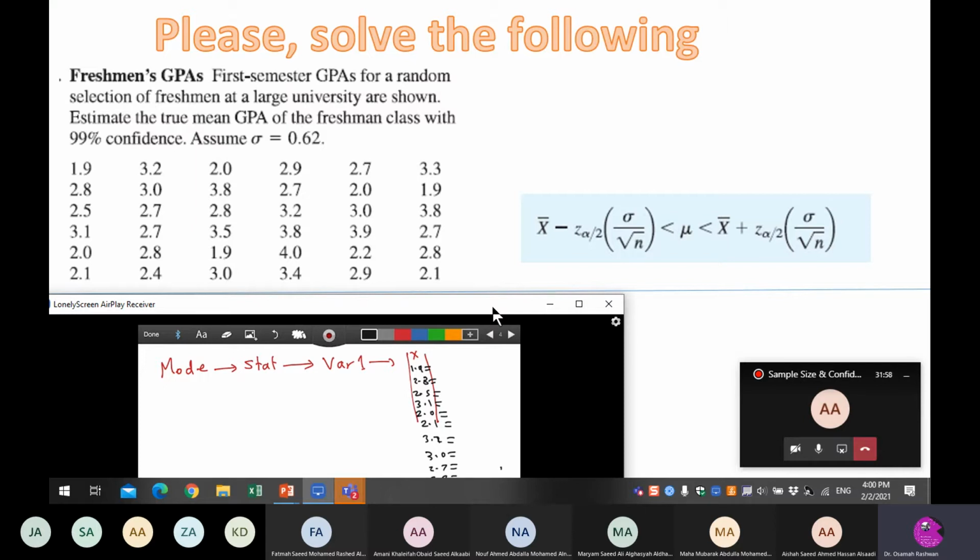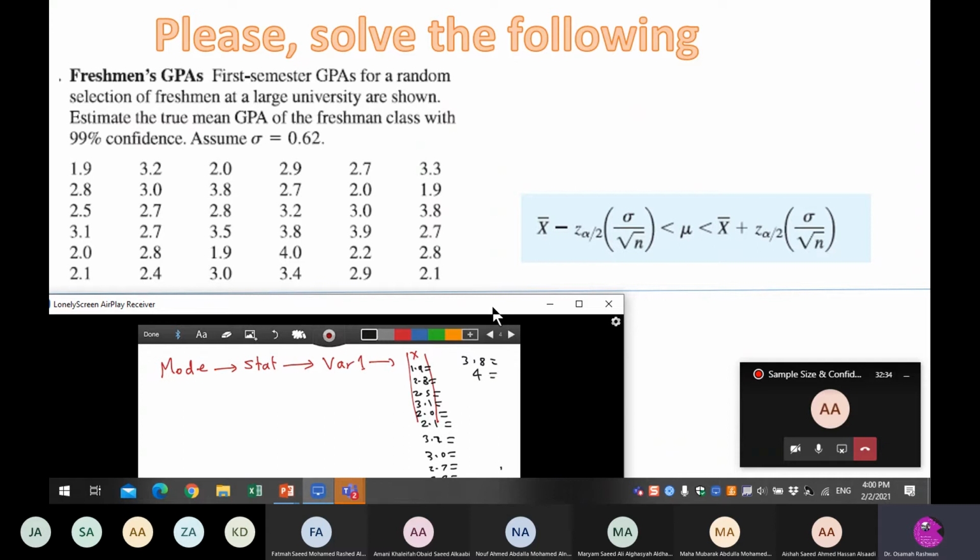And then 2.8, 3.5, 1.9, 3, 2.9, 2.7, 3.2.